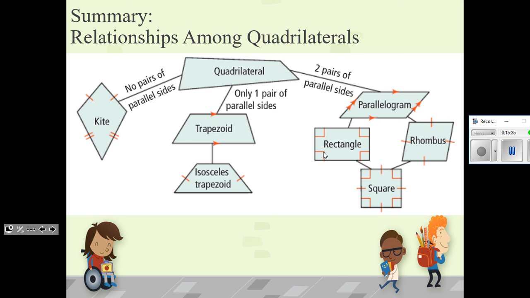Under there, you have rectangle, rhombus, and square. Rectangle, rhombus, and square are parallelograms because they have two pairs of parallel sides, but then a square has both rectangle and rhombus characteristics. A kite has no pairs of parallel sides, but these sides are equal to each other. So that's a separate one. So this is the quadrilateral family.